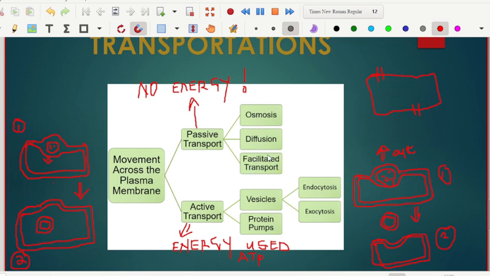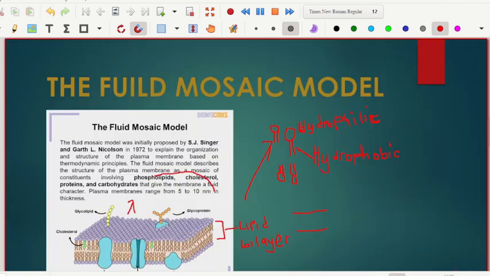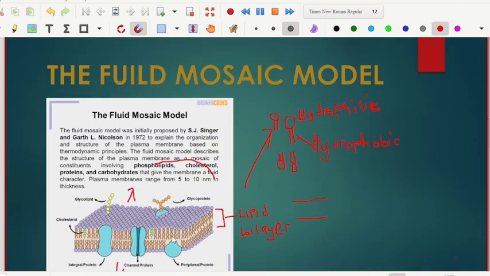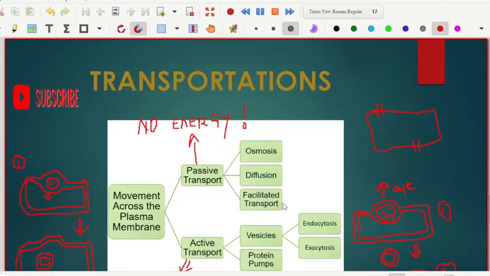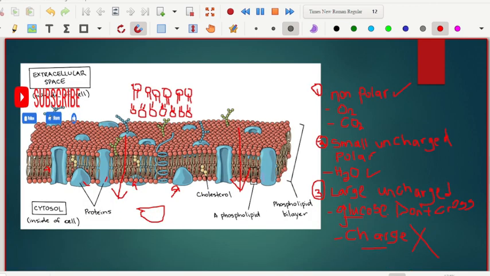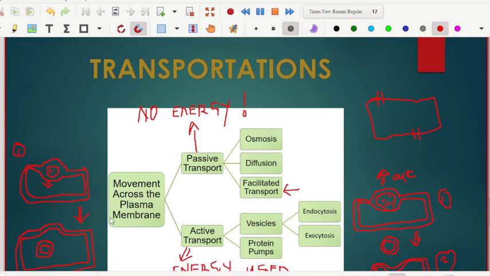Diffusion and osmosis are just direct, without energy, like this one, crossing directly. But facilitated, from the word facilitated, means there's something which is helping, like the channel protein here. That is passive transport, but using this protein, it's categorized as facilitated transport.